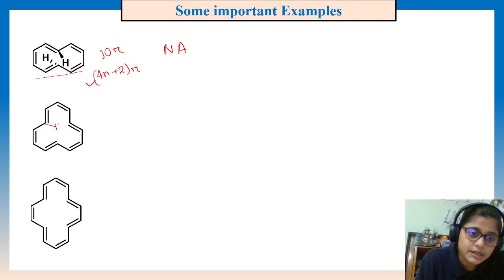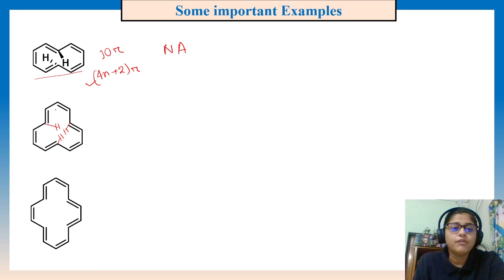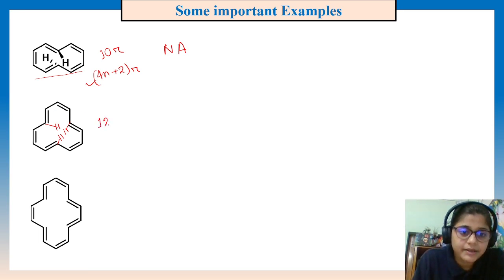Here actually hydrogens are present. Okay, 1, 2, 3, 4, 5, 6, 7, 8, 9, 10, 11, 12. 12 pi electrons.